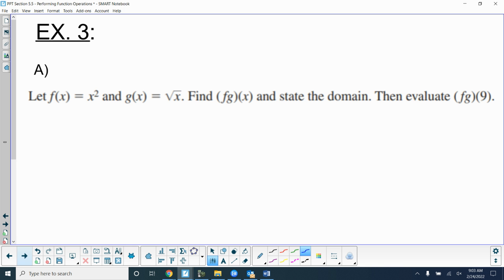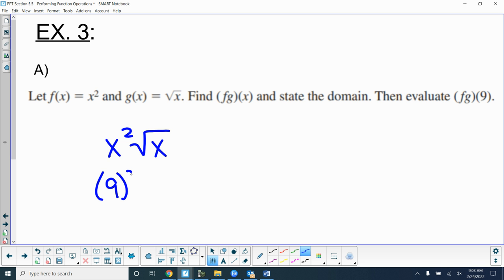All right? So, f is x squared, and g is the square root of x. So what is x squared times the square root of x? Just that, right? That's all you can do, right? So that's the multiplication part. Let's put 9 in there.